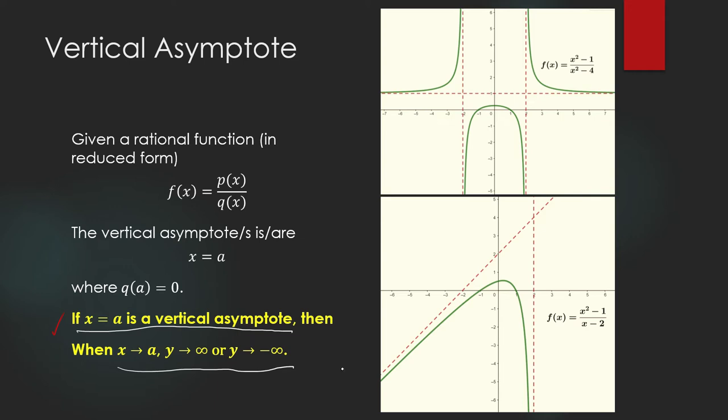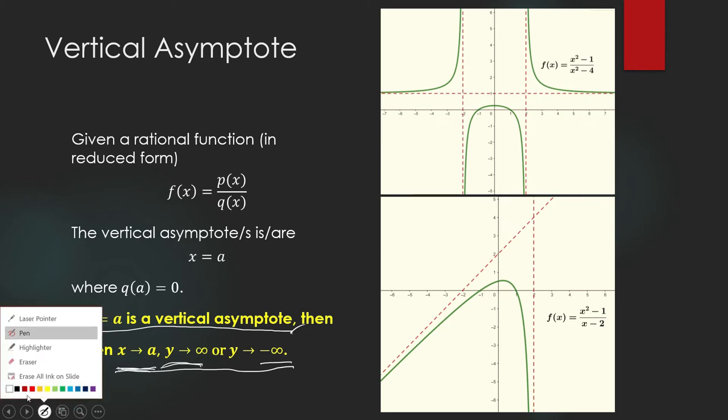The line x is equal to a is a vertical asymptote if and only if, when x approaches a, you will see this notation often when we go to limits, y, the y-coordinate of your graph, approaches infinity or negative infinity. And that is what we are seeing here.